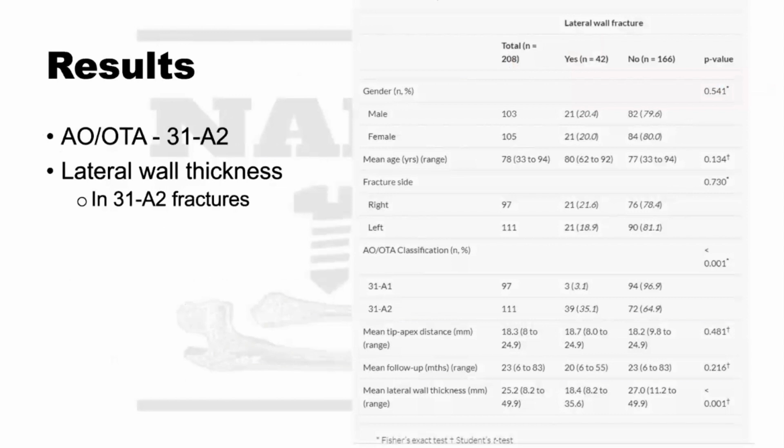Basically they found that lateral wall fractures had an average of 18.4 millimeters measured at the lateral wall, as compared to those that did not fracture, which had an average of 27 millimeters.